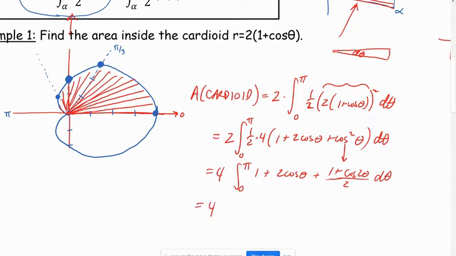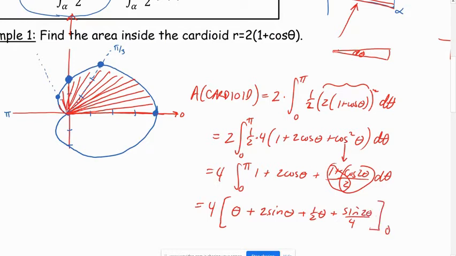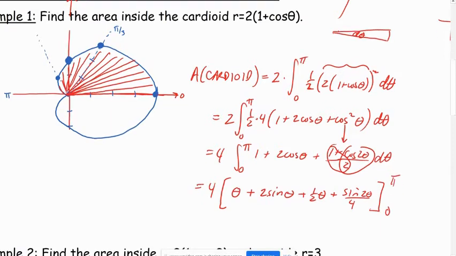And so our antiderivative is theta plus 2 sine theta plus 1/2 theta from here, and then this is going to be sine of 2 theta over 4, from 0 to pi.